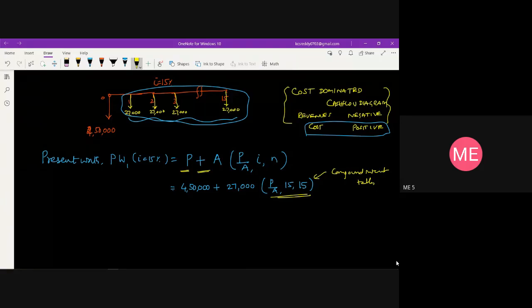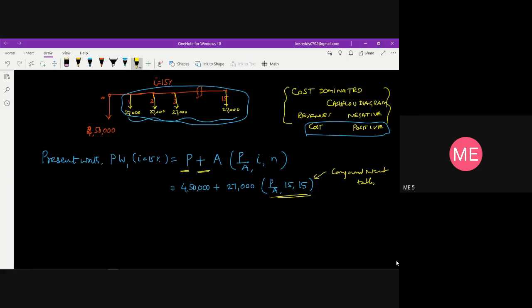So be careful taking the sign. Check whether it comes under a revenue dominated or cost dominated cash flow diagram, and based on that you need to proceed.